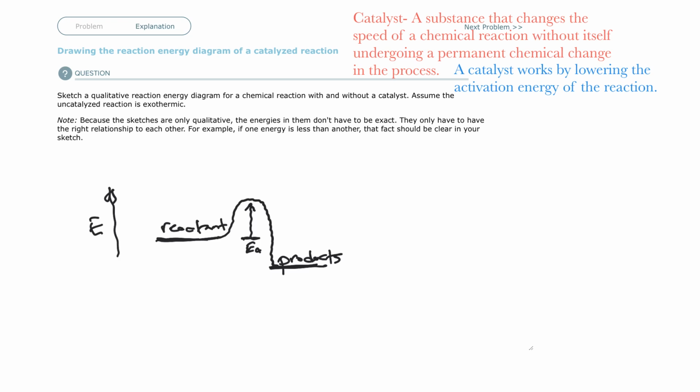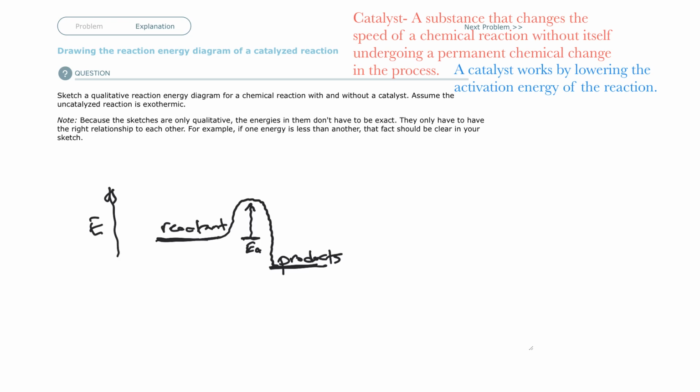If I have very high sides, very few popcorn kernels get out because they don't have enough energy to jump to the ceiling. Most have a lot of energy but don't have that much energy. But if I make the activation energy lower, some of the reactants, more of them, will become products faster. And that's the whole idea.